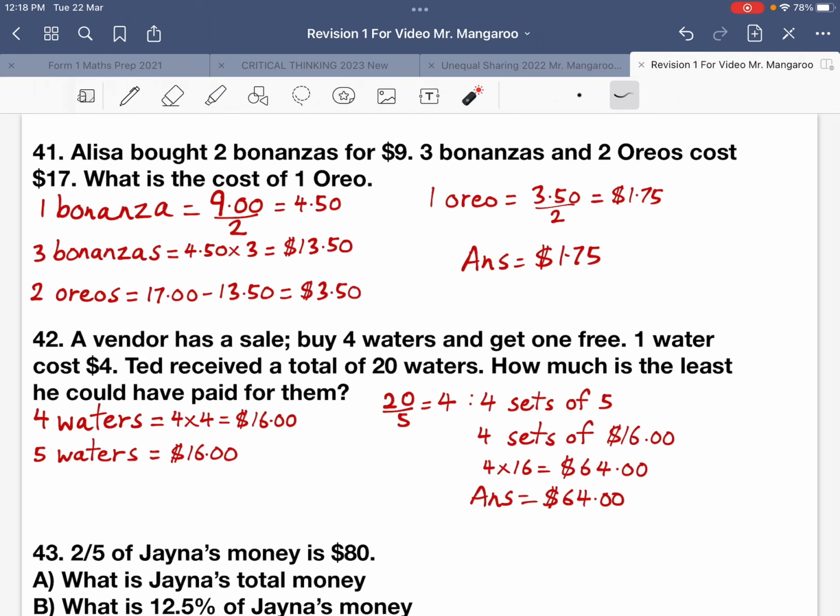So if that's how much? 5 sets, or 4 sets of 5, sorry. 4 5s are 20. So 4 sets of the 5 waters will give us the 20. But remember, each set costs $16. So 4 times 16 is 64.